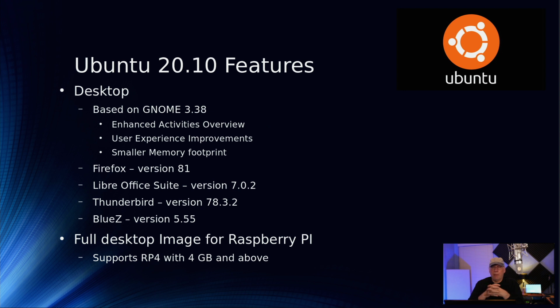Firefox version is 81. LibreOffice is 7.0.2. Thunderbird version is 78.3.2. But my only comment about Thunderbird is I don't know why that's still included in the releases. I know it's in Fedora too. That is really getting dated as far as the look and feel.